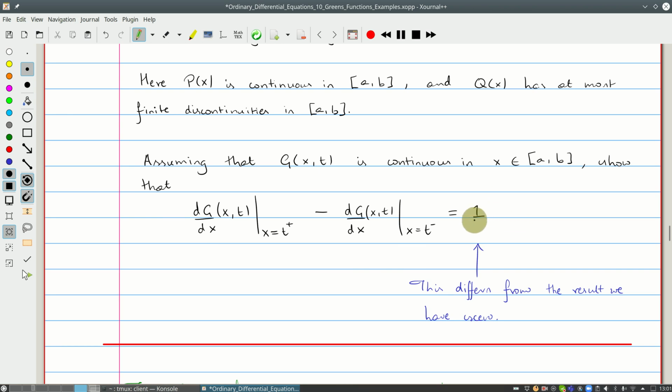So we don't have a 1 over p of t, we just have a 1. That's the difference now. I'd like you to try this out. The solution to this is in either Riley's book or Rifkin's book, but you should be able to do it using the techniques which I have described in the introduction to Green's functions, that is the previous lecture.